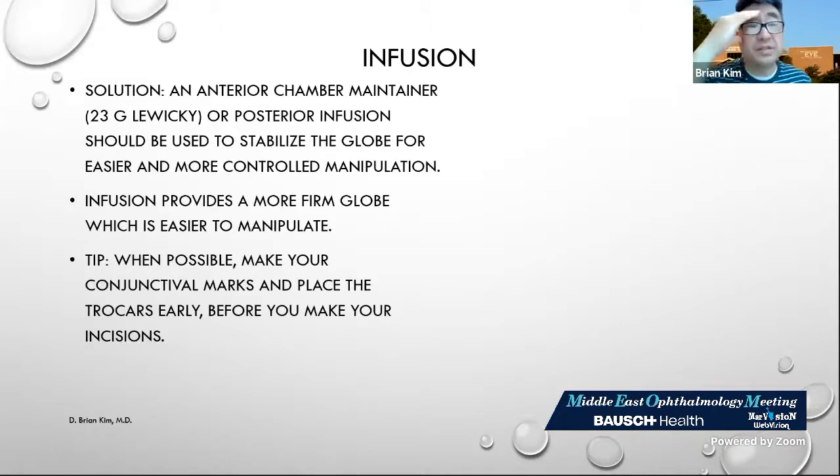And I use a 23 gauge AC maintainer, and that's purely because I'm not a vitreoretinal surgeon, and I'm not interested in putting infusion posteriorly because I don't feel comfortable doing that. And you want to have infusion in order to firm up the globe so that you can make your scleral needle tracks.